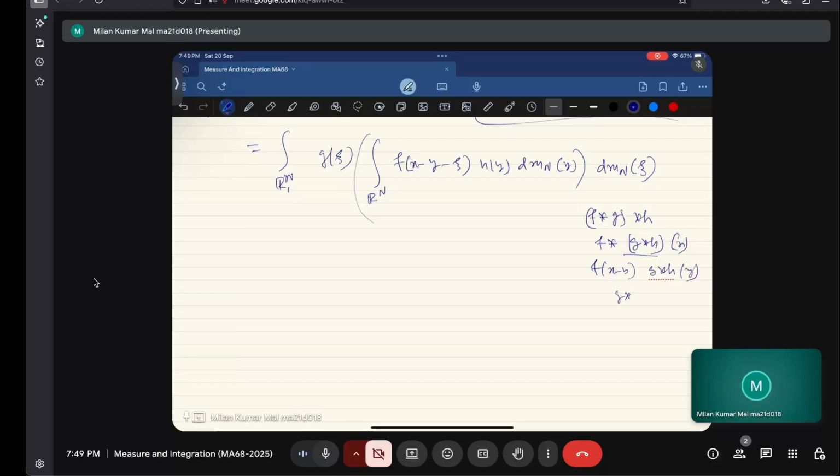That means g star h means g has to be y minus j, h of j dj. This is what we have to get.